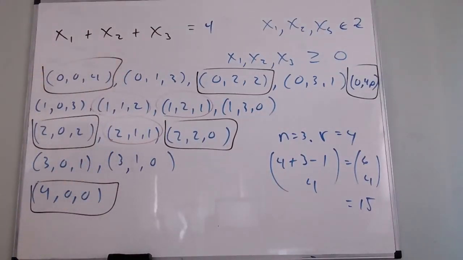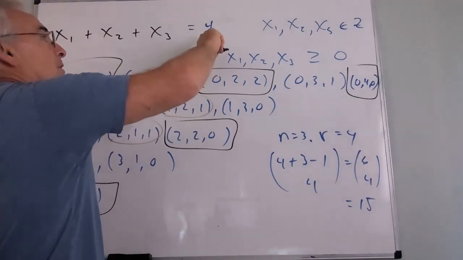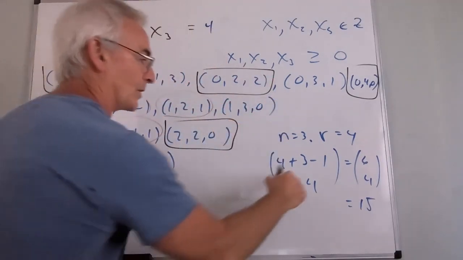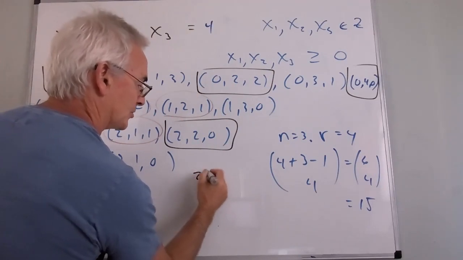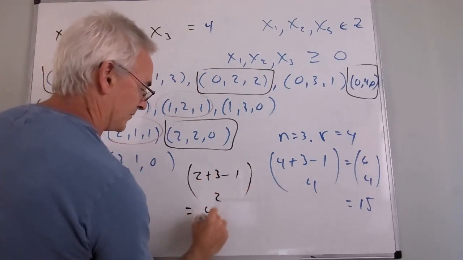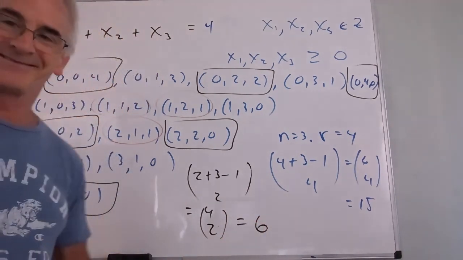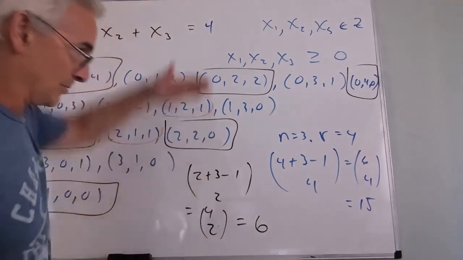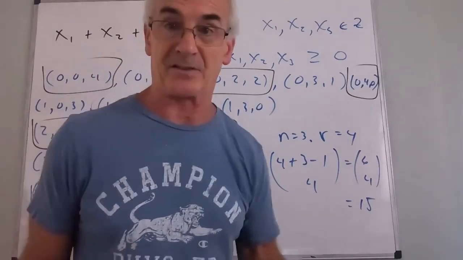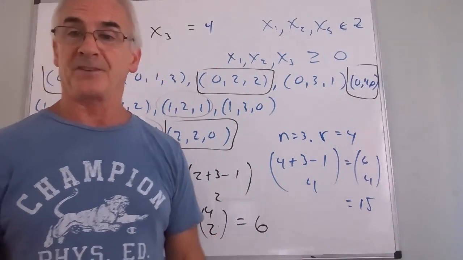So that's 1, 2, 3, 4, 5, 6. So if I have only even numbers, what changed? I'm no longer thinking about 4, I'm thinking about 2 sets of 2. So what changes in this formula? It becomes 2 plus 3 minus 1, choose 2, which is equivalent to 4 choose 2, which of course is 6. By the way, way easier than writing them out, but because I chose a small example, writing them out wasn't taxing. It wasn't overwhelming.